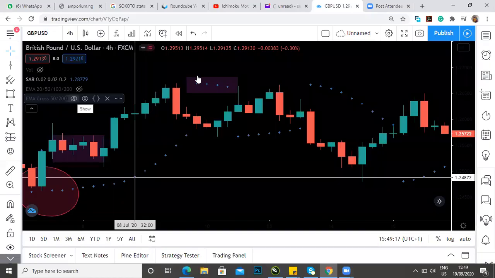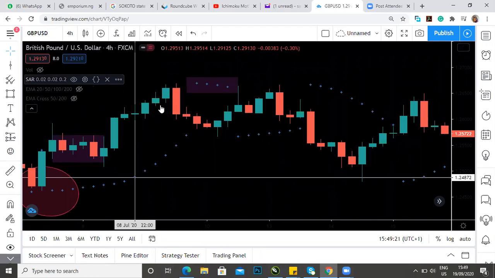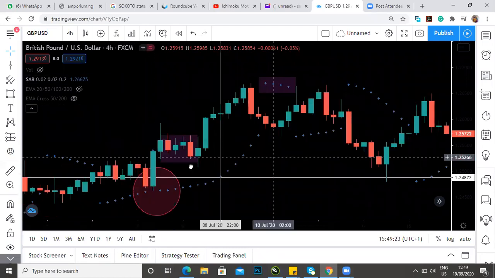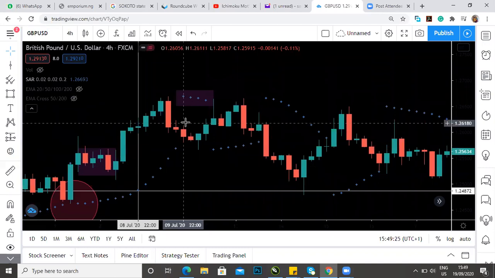Personally, I would think that this is a sell. Maybe the movement has just called a sell signal that just happened now. This trade has just come in and called another sell.